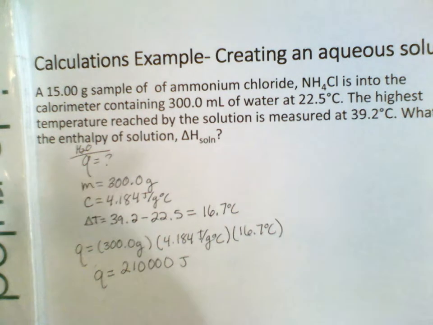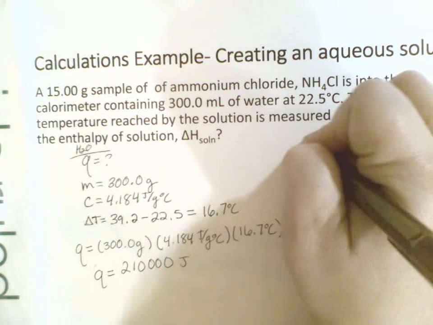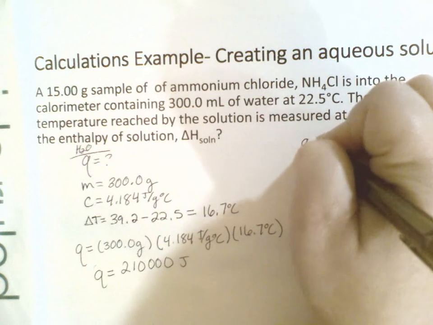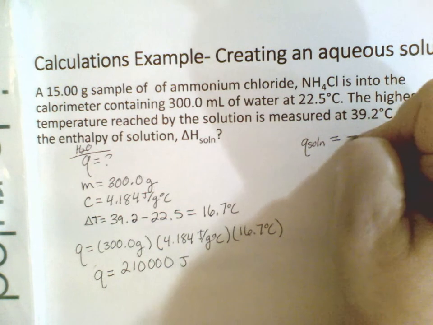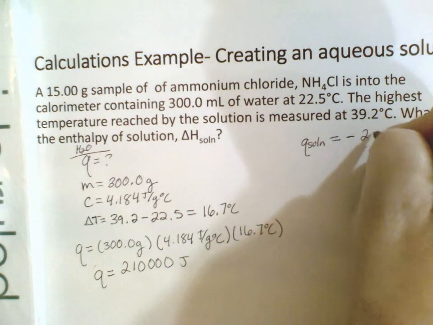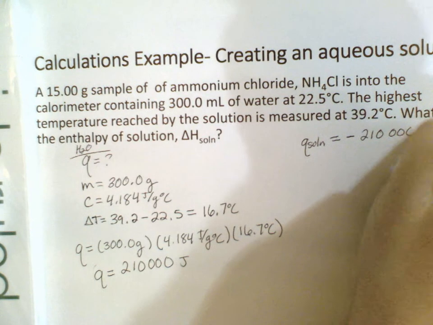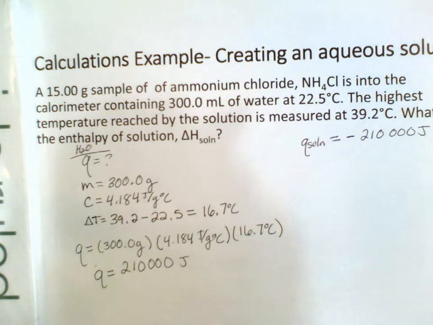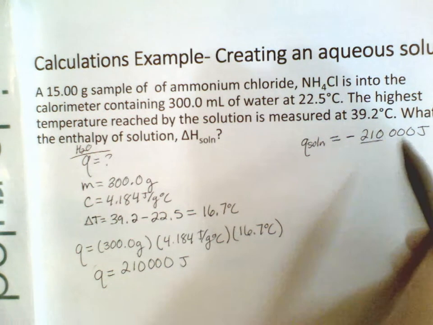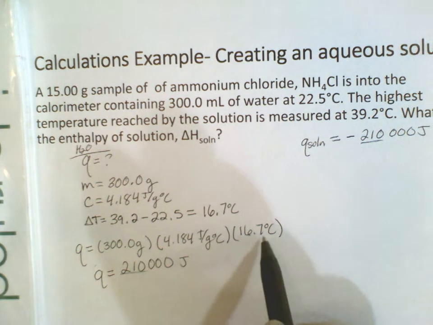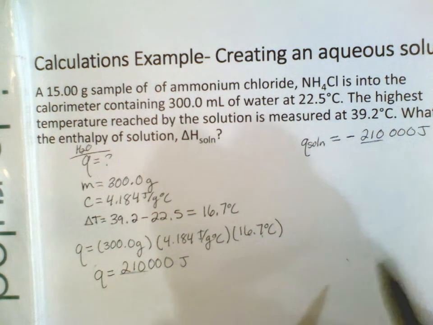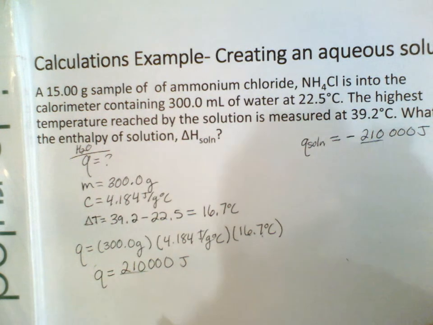Now what that can allow us to do is find out how much heat the solution or the chemicals gave off. So we take the same number and make it negative. Let's just keep in mind that this does have 3 significant figures based on our values, so we'll use that to help us at the end to find our sig figs.